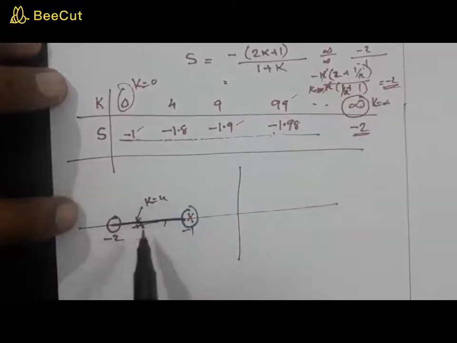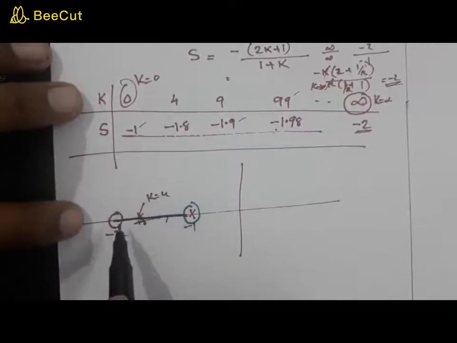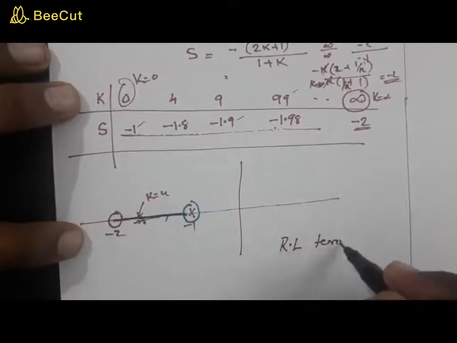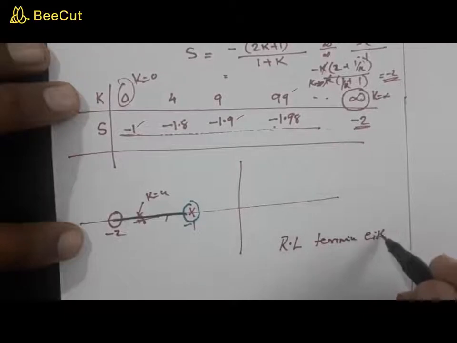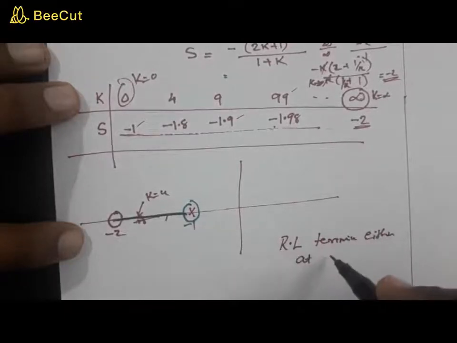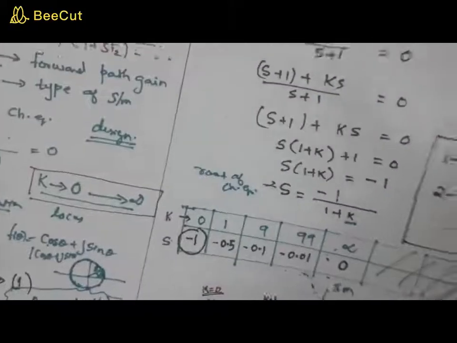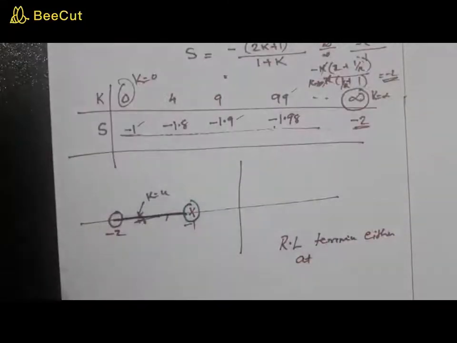What you infer from this is that the root locus terminates either at a 0 or at infinity. There are two options, as we have just seen in the previous example.